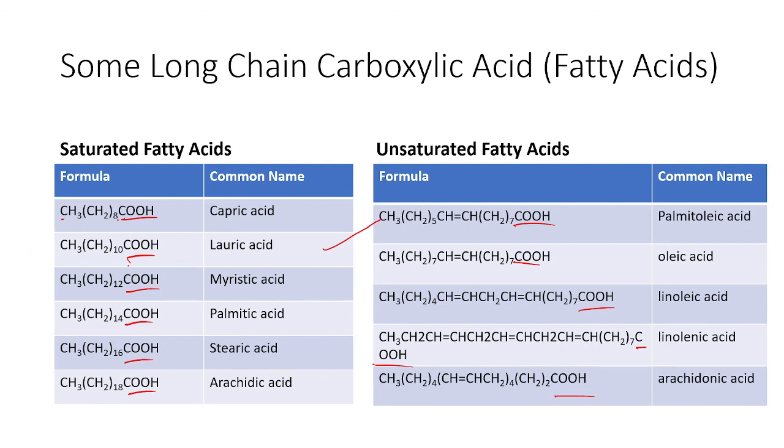Parehas silang merong 12 na carbon atoms. Check nga natin. So we have here 1, 10 plus times 1, that would be 10. So 11, 12. So ganun din dito, ano? So we have here 1 plus 5. So 6 plus 1 plus 1. 8 plus 7. So we have there 15.